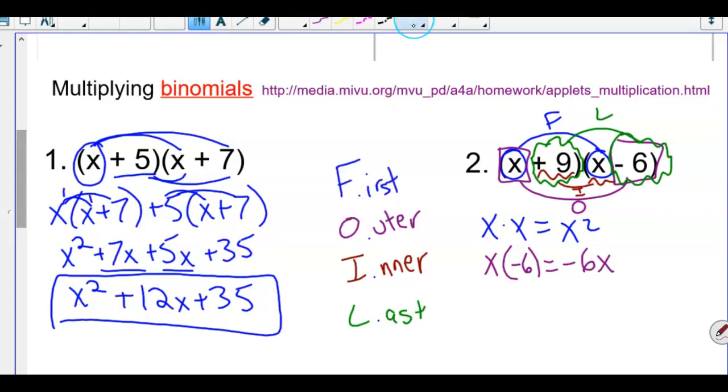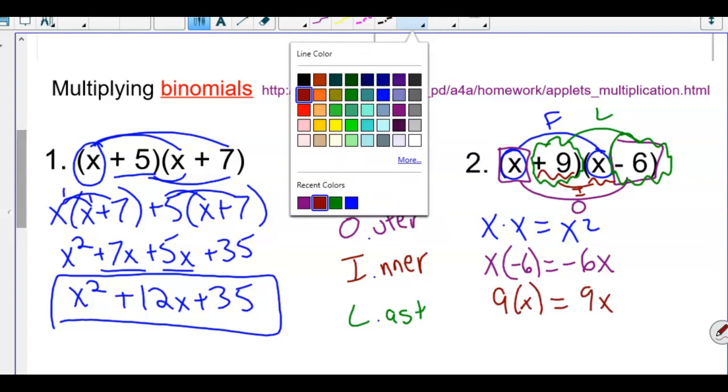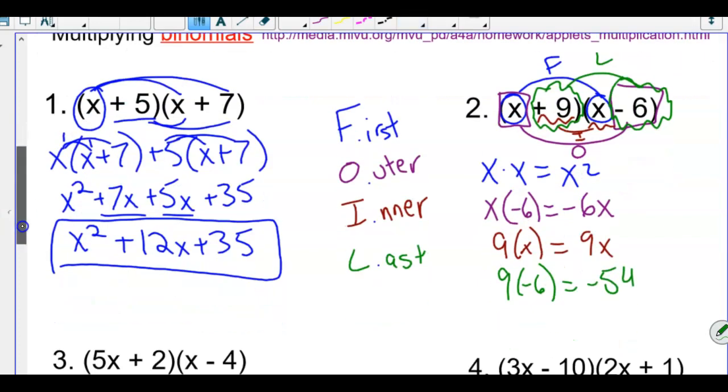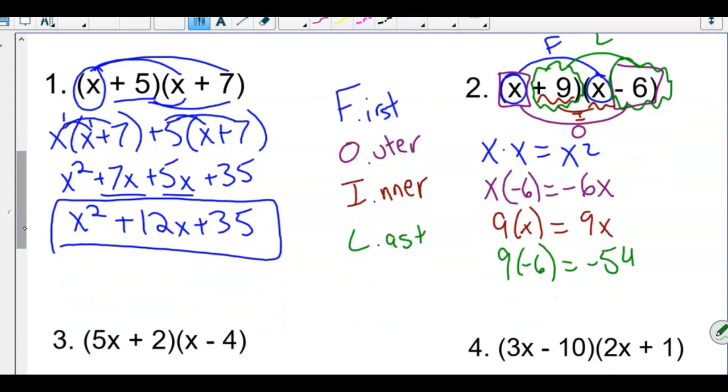Our inner terms, so 9 and x, which would be 9x. And then our last terms, 9 and negative 6, which would be negative 54. The last thing we need to do is see if we have like terms, and in this case we do.